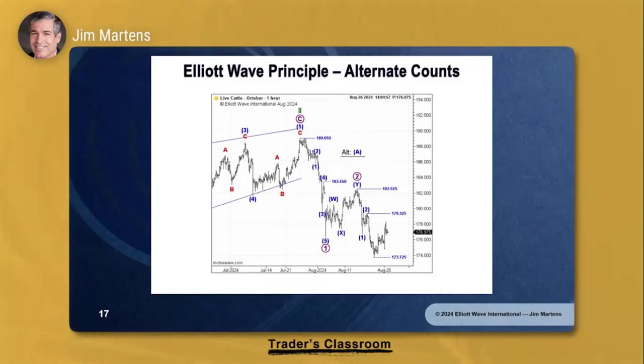It's important to note here that if we made the switch to the alternate count, it would change the short-term trend to the upside, looking for that rally above 182.52. It wouldn't change the dominant trend of the market. It would still be to the downside. The rally would complete a larger corrective rebound to flat. And once it's complete, the decline from 189.05 would continue.